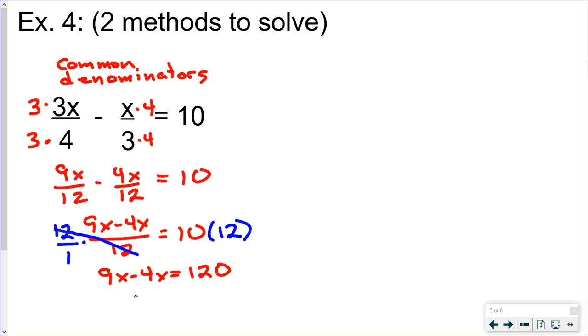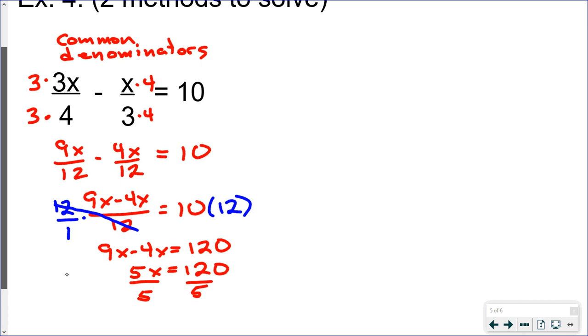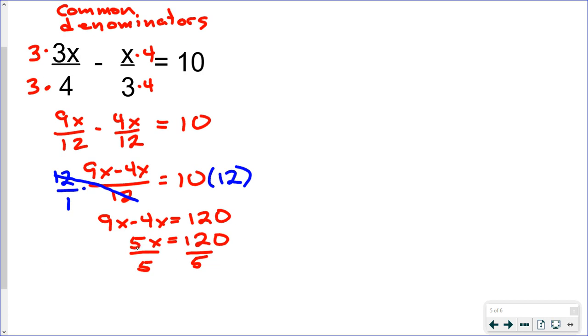Combine like terms, 9x minus 4x is 5x. And then divide both sides by 5. Give myself a little more room here. 5 divided by 5 is 1. 1x is the same as x. And 120 divided by 5 is 24. So x equals 24. Now let me show you the other way to solve this.